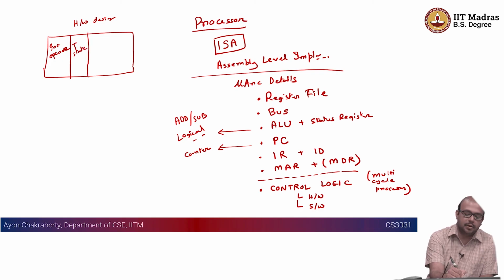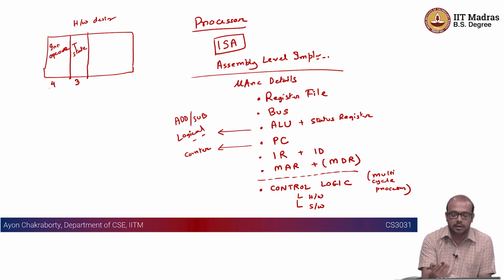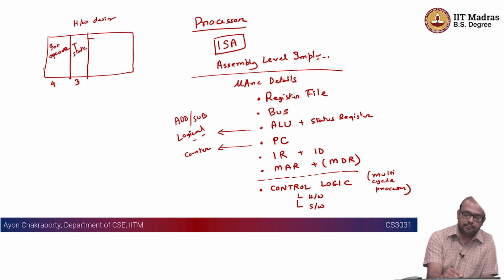So if there are 3 bits in your T state and 4 bits in your instruction opcode, this is going to be an enormous truth table, where you are going to have 4 plus 3, 7 bits, so 2 to the power 7 is 128 different rows. And for every opcode, you are going to have 2 to the power 4 or 16 opcodes. These are your control bits, let's say control bit n down to control bit 0.